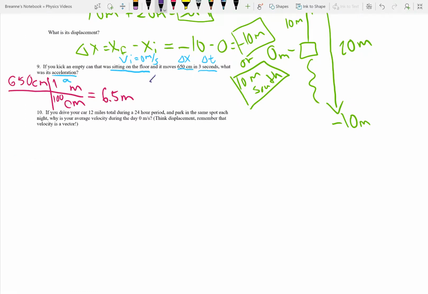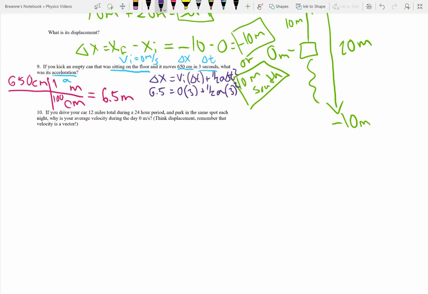So we're going to use delta x equals v naught delta t plus 1/2 a delta t squared. So our delta x would be 1.5, our initial would be 0, our time is 3, plus 1/2 a, our time is 3 squared.